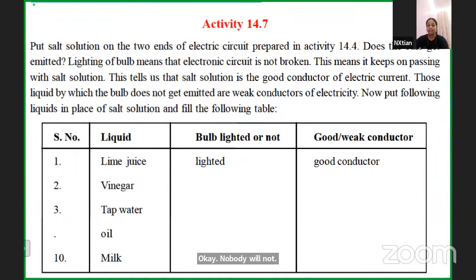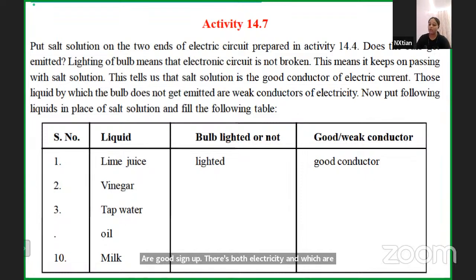Because the solution which I applied to the ends of the circuit is a bad conductor of electricity. So it will not allow the electricity to pass through it. That way we can determine which substances are good conductors of electricity and which are not.